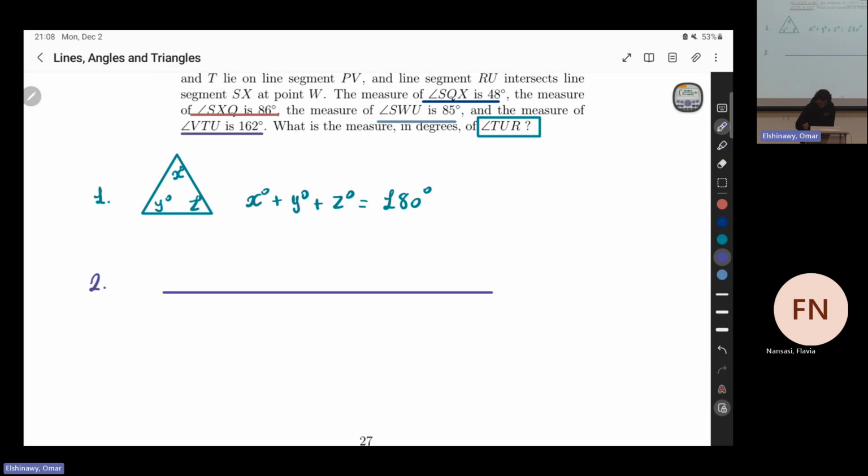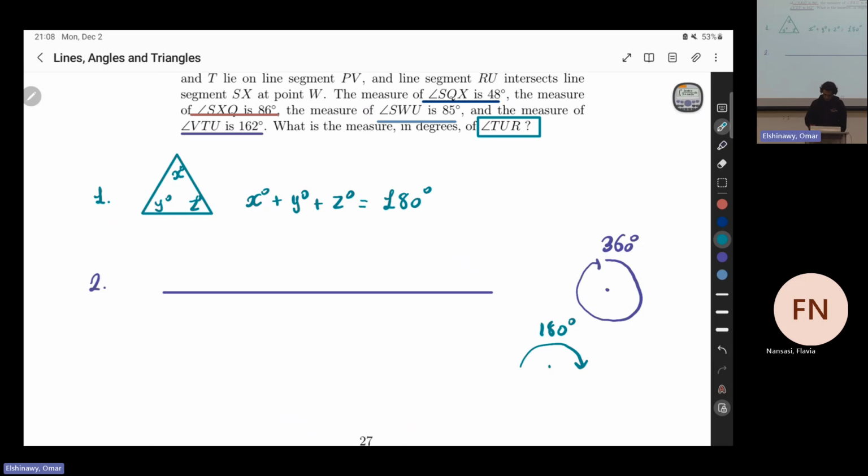I hope this is pretty obvious, but I'll just state it. We know that if we go into a full rotation, it's 360 degrees. And if you go half a rotation, just half of this, it's 180 degrees.